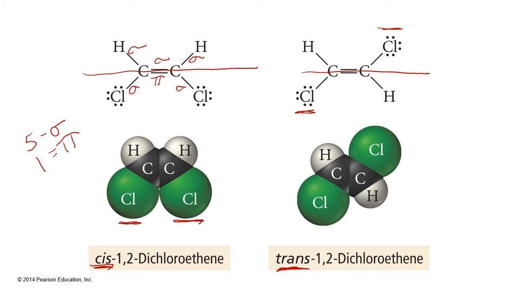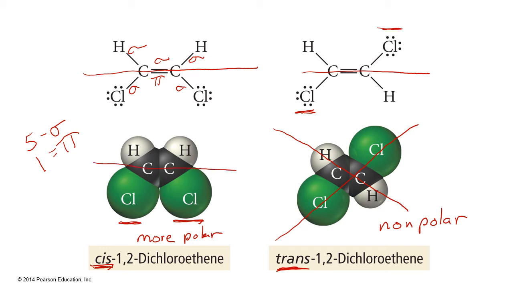So if we think about this, our cis molecule is going to be more polar. Our trans bond is going to be nonpolar. It's going to have a smaller dipole moment because it is more symmetrical.